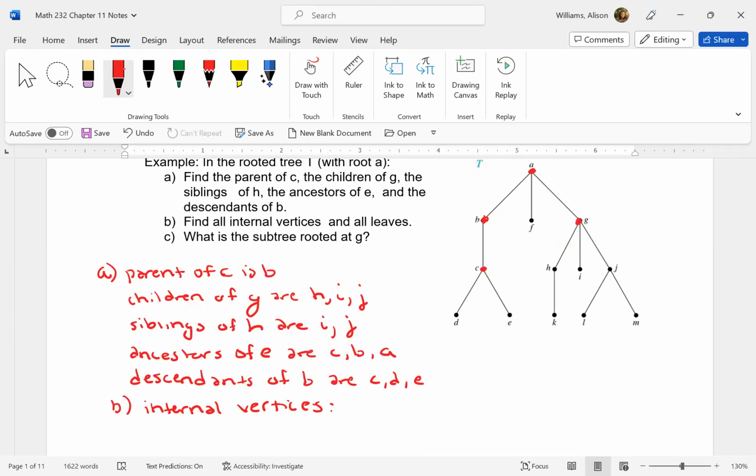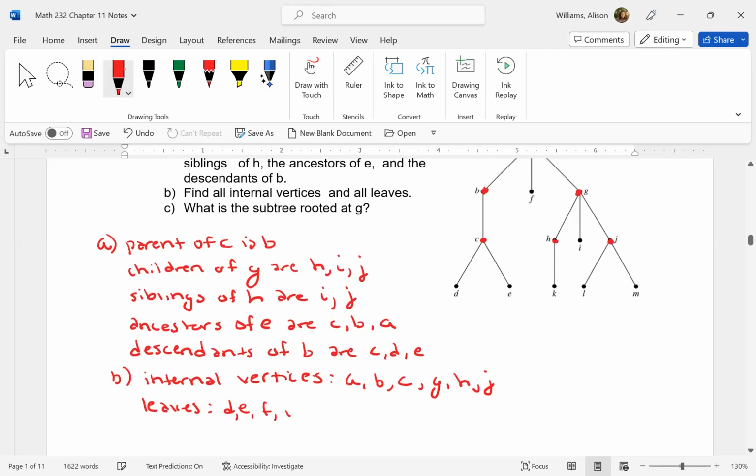G would count, H would count, and J would count. And the rest are going to basically be the leaves. So A, B, C, G, H, J. Okay, so leaves are then D, E, F, I, K, L, and M.